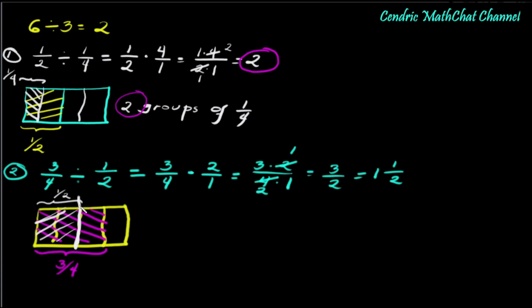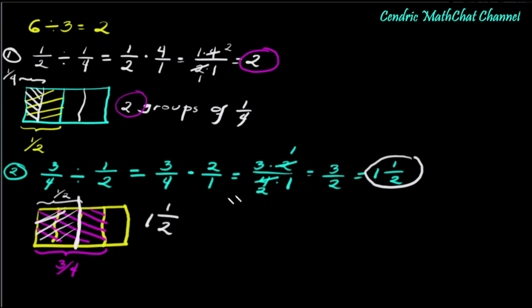So from here, ilang pieces ng 1/2 ang meron sa 3/4? So pag titingnan natin, this is one group ng 1/2. And then meron pang kalahati ng half. So this means it's 1.5. 1.5 groups of 1/2 ang nakapaloob dito sa 3/4. Kasi makikita naman natin, itong 1/2 na ito yung isa at kalahati. So, ang answer po natin is 1.5.